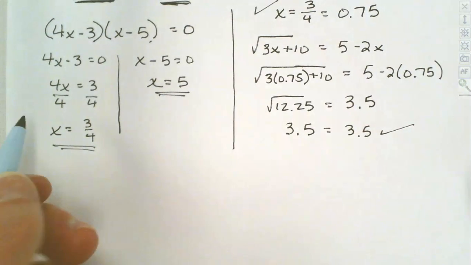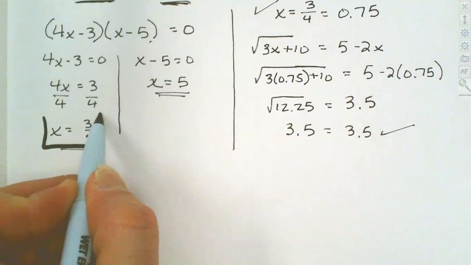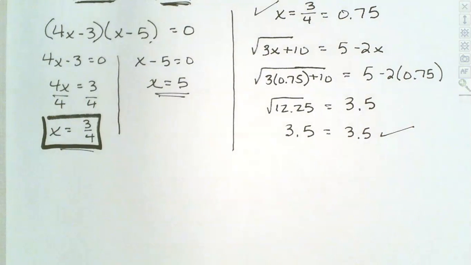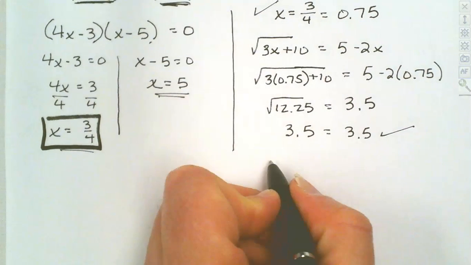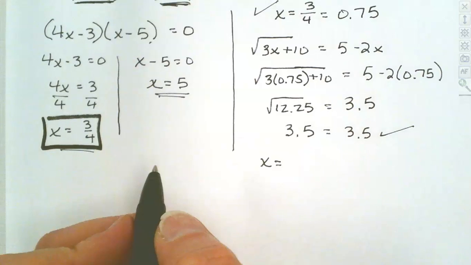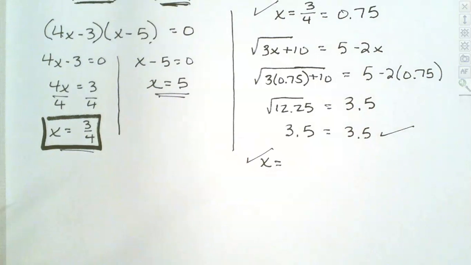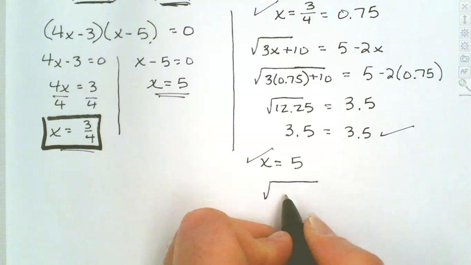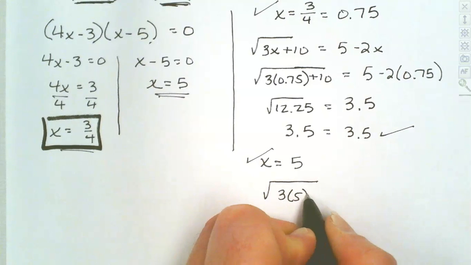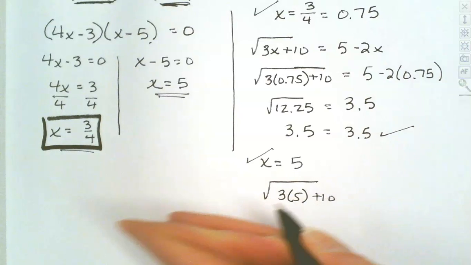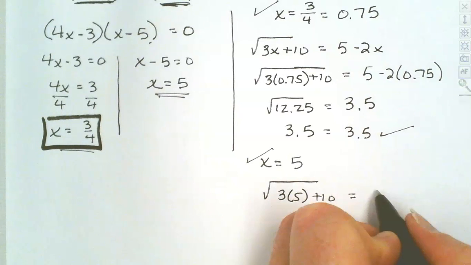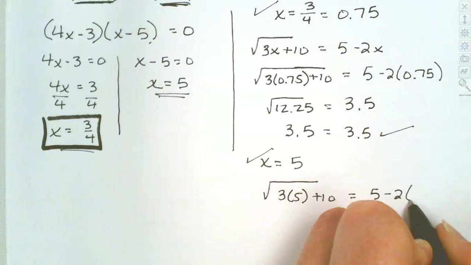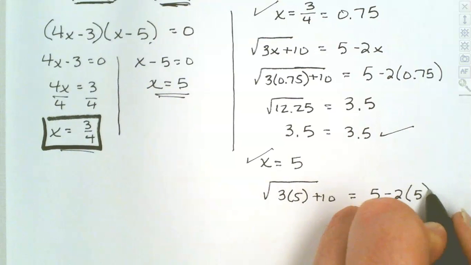So that one does work. Now, what about the 5? Let's check the 5 next. We checked that 3/4, so just use the 0.75 to check. Next, we're going to check that 5. If I check that, then I have the square root of 3 times 5 plus 10. That should equal 5 minus 2 times 5.